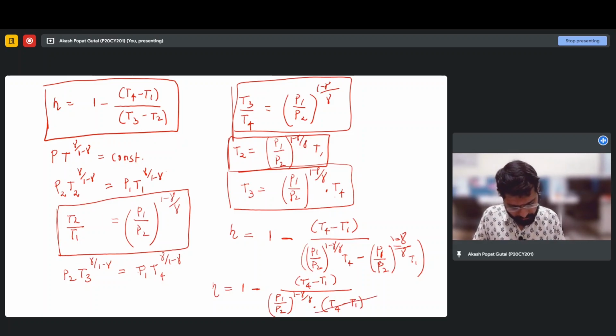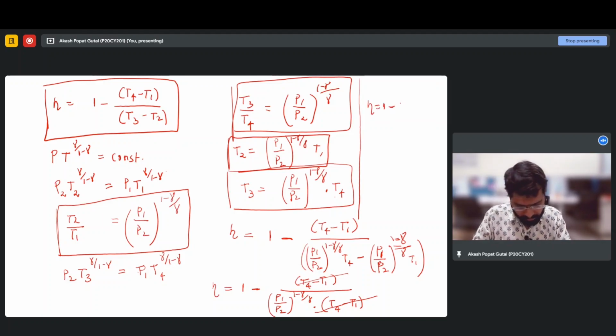So T4 minus T1 will cancel out. And we will get the efficiency as eta is equal to 1 minus P1 by P2, 1 minus gamma.